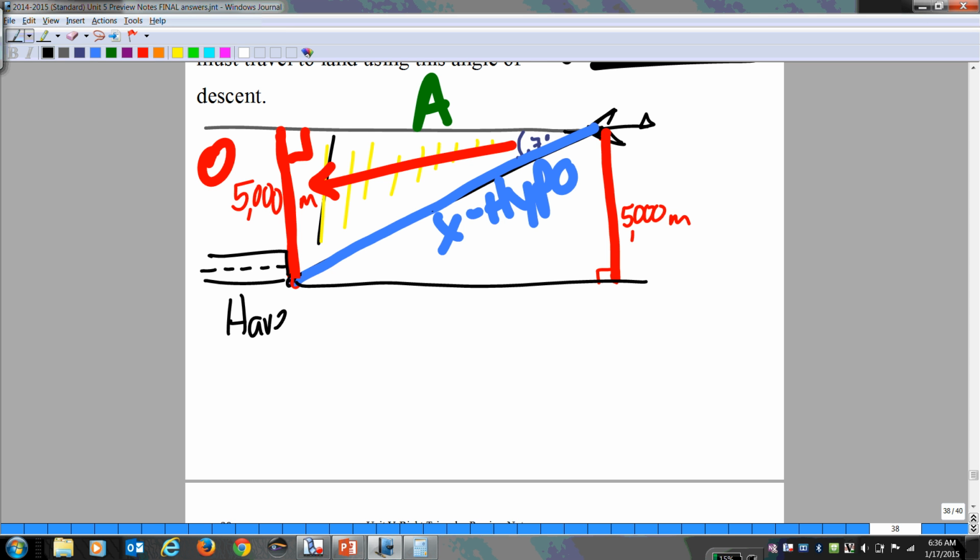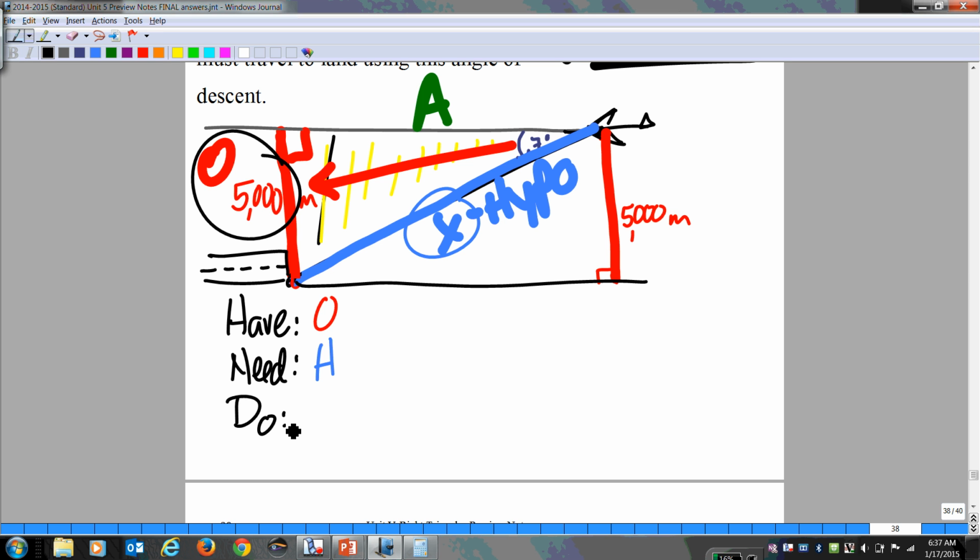Have: we have the opposite. We need the hypo. I'd like you to write out what we're going to do here. We have an OH combo.